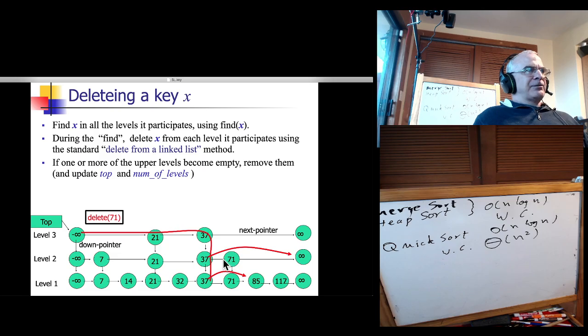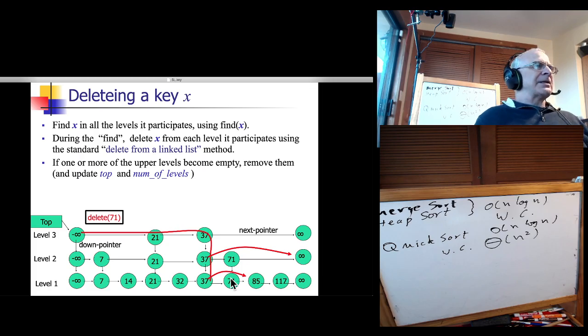I perform find of 71. Remember, the code of find that I showed you actually doesn't find X itself, but always finds the predecessor of X, the element which is the largest, but still smaller than X. So in every level, I find the element that is just preceding 71, and I tell the next pointer of this element to point to the next element, hence removing 71 from this level, and similarly in each level that it participates in.